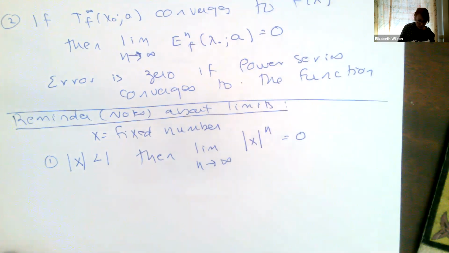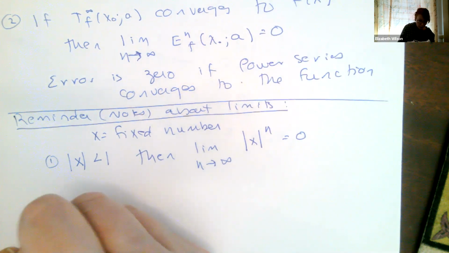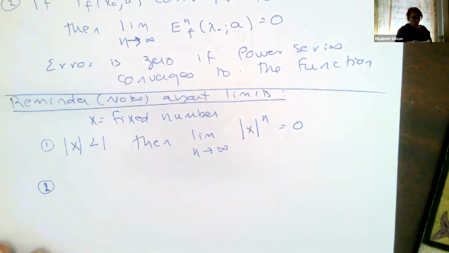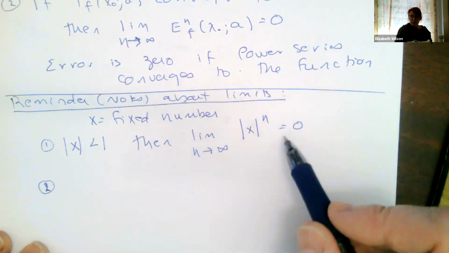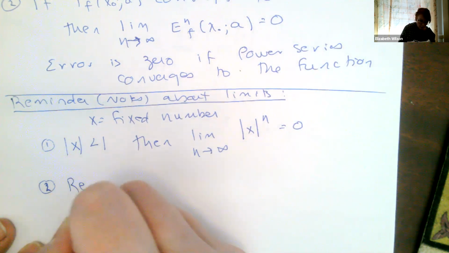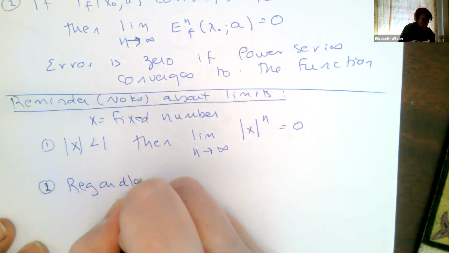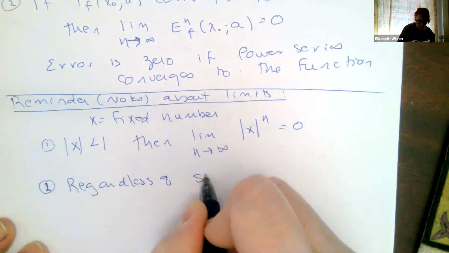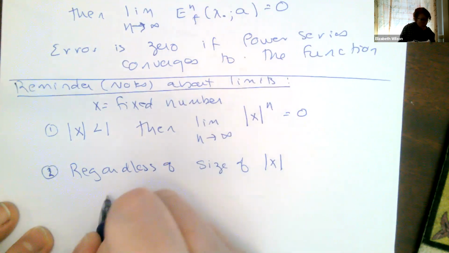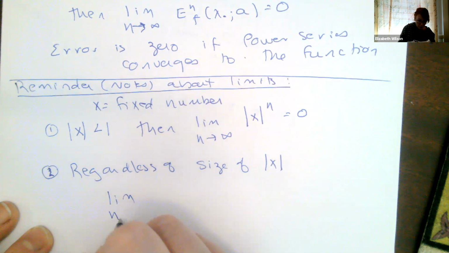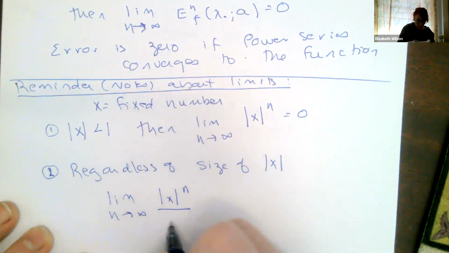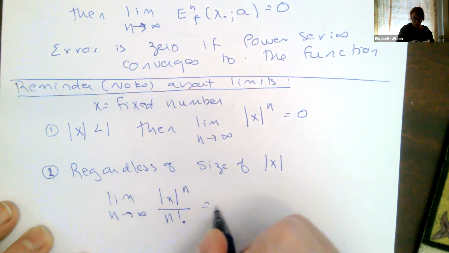These are just some things to remind you so that when you're processing your limits on these series, and then as we get into chapter 5, it'll make sense and you won't have to kind of think it through. Okay, so then our second thing to think about, regardless of the size of the absolute value of x, is that the limit as n goes to infinity of x to the nth power all over n factorial is equal to 0.